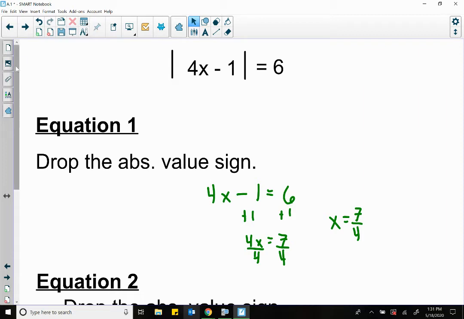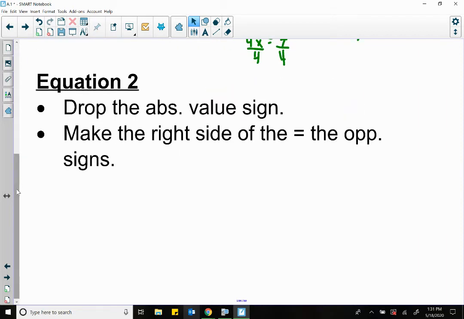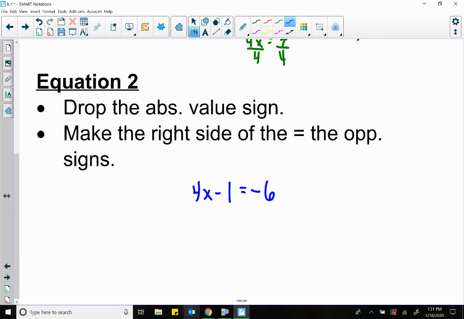Okay? That's the part where most of us mess up. So when we make this second equation, we drop the absolute value sign and we make everything over here on the right side its opposite. So a positive 6 becomes a negative 6. And now you solve. That's it.